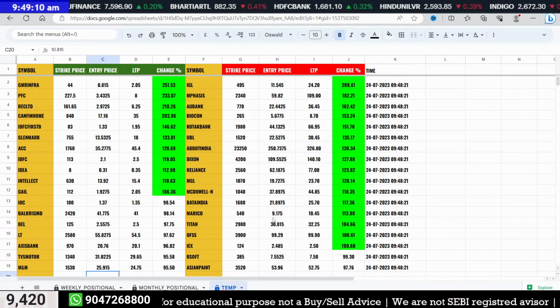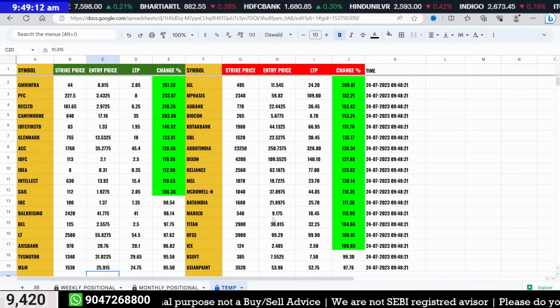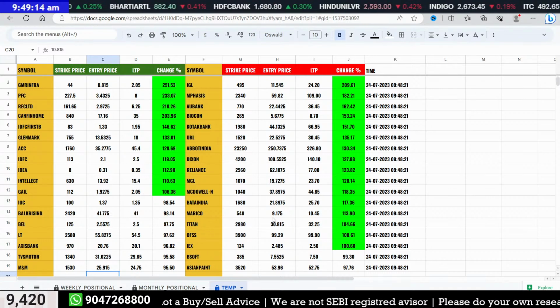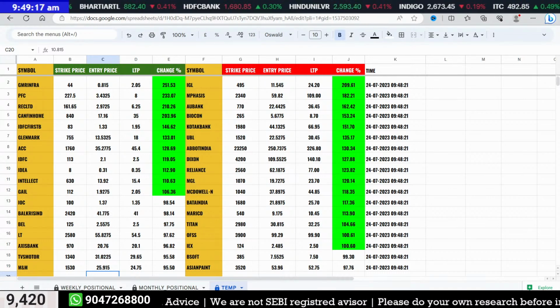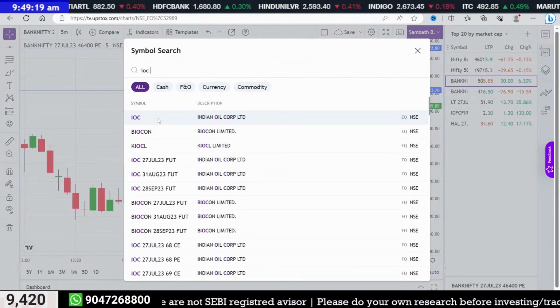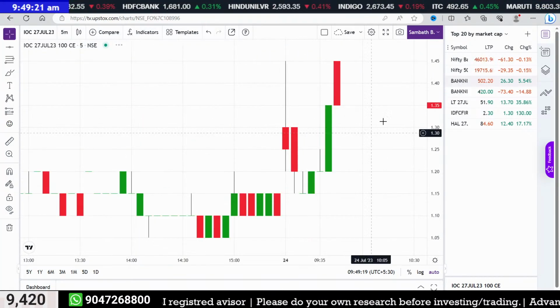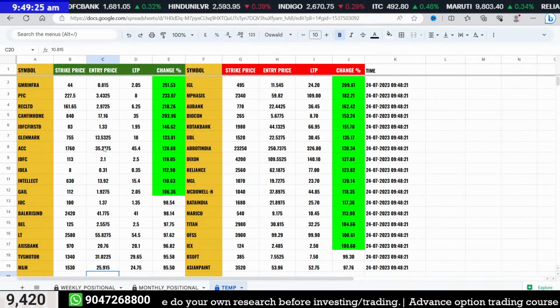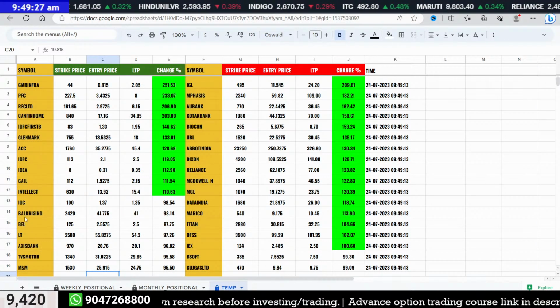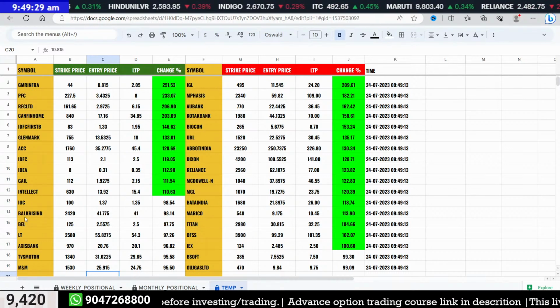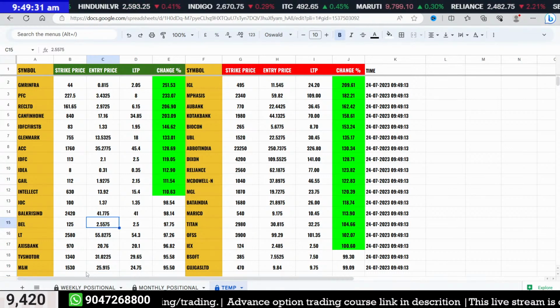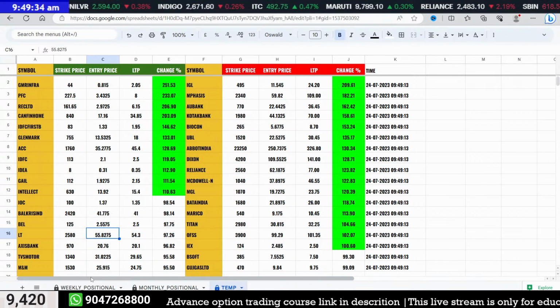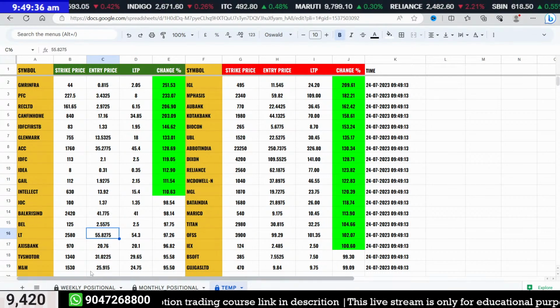I'm just checking how it is working. IOC 1.35, 100 call option. IOC 100, I think at the beginning itself it came to 1.45. It was triggered earlier, so it already moved higher. BL 2.5, now it is at the same price. LNT 54, and that should be another one.